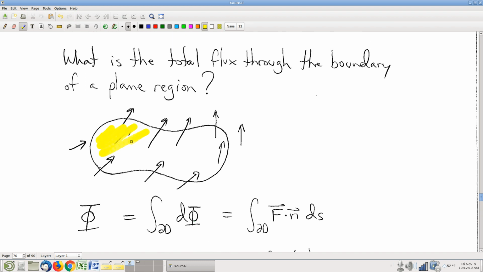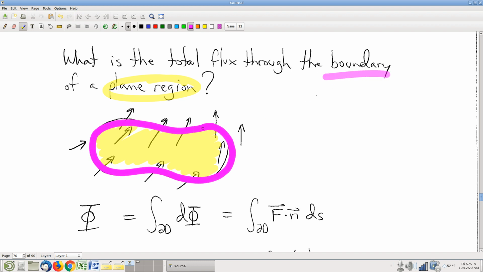Suppose we're looking at some plane region like this, and we want to talk about the boundary of that plane region. And I want to know what's the total flux through the boundary. So, in the outward orientation, what's the grand total flux of this fluid through that boundary? Now, why would we want to know that?